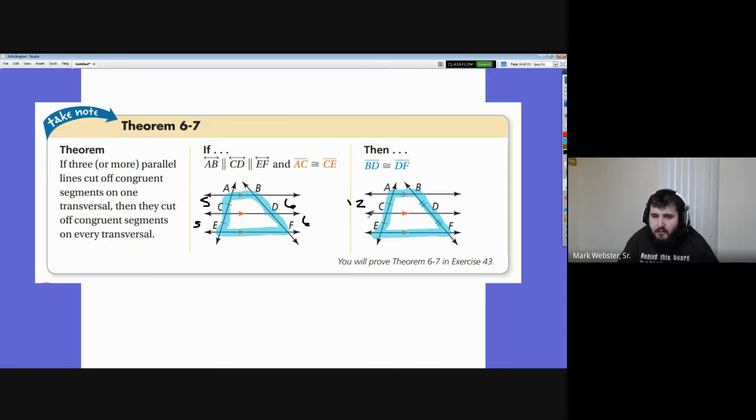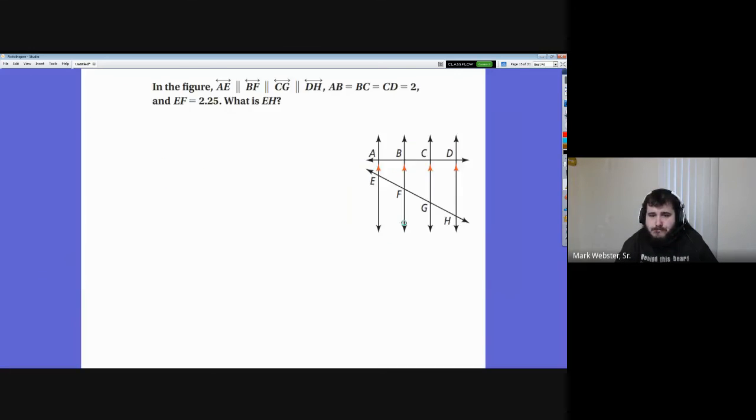If this is 12, this is 15. If this is 15, this had also better be 12. That's all it's saying, is that basically you know that it's cut into all the same pieces. So let me show you what I'm talking about.